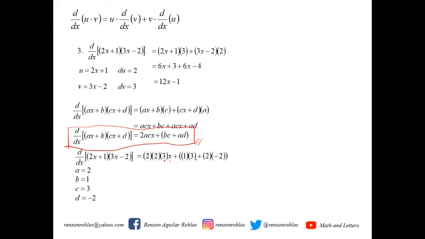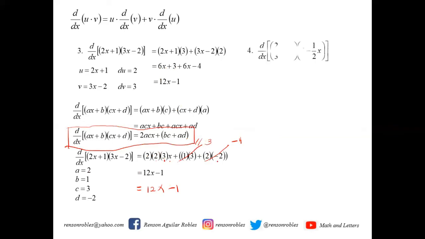So that's 1 times 3, plus a is 2, and d is negative 2. Then plus 2 times negative 2. You know that 1 times 3 is 3, and 2 times negative 2 is negative 4. And then you shall have 2 times 2 times 3, that's 12x. 3 minus 4 is negative 1. So we shall have 12x minus 1, which is the same answer when we use the theorems of differentiation.